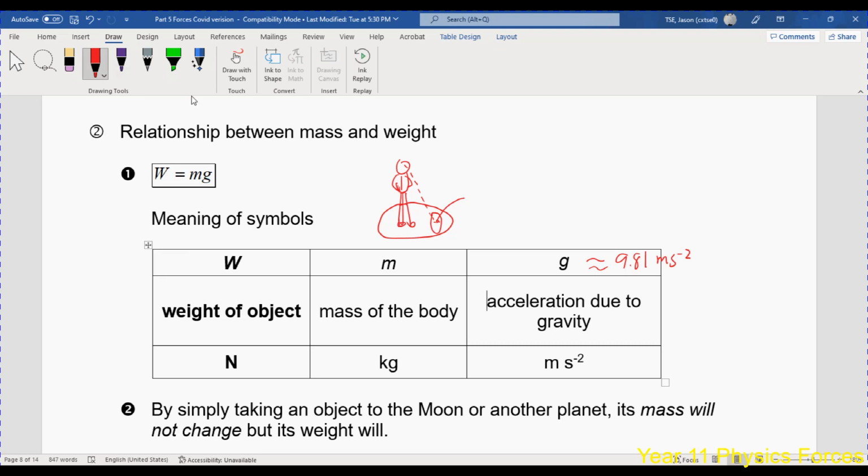Nowadays in Australia, I think it should be in kilogram, right? So let's say you see your weight as, how about 50 kilogram? All right, so that's the so-called weight in your daily life, but it's not actually the weight in physics. It's the mass in physics. So it's mass equals 50 kilogram.